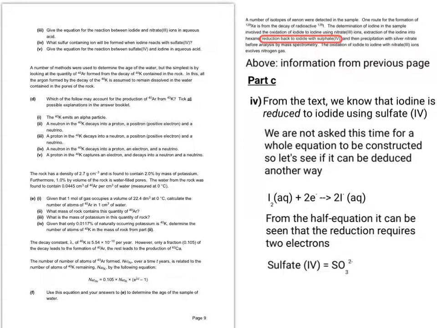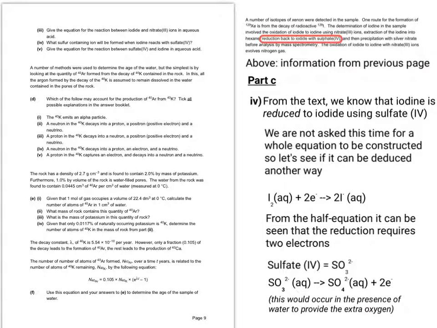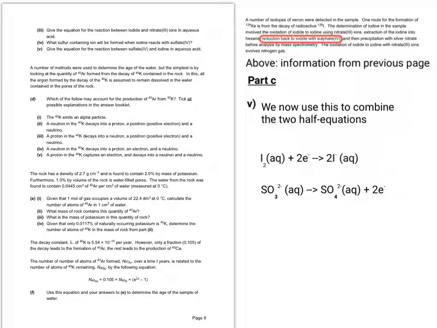So remembering that sulfate 4 is SO3 2-, you can react SO3 with iodine by changing it to SO4 2-, which is sulfate 6. So obviously this would have to occur in the presence of water to provide the extra oxygen atom. So in this final part of part C, we use this information to combine the 2 half equations. So that gives us this equation here, which means we can now go on to part D.